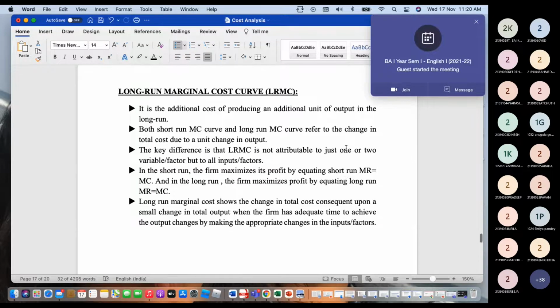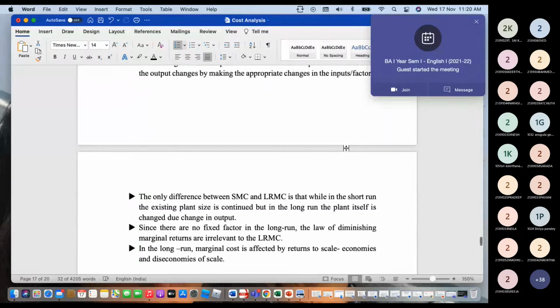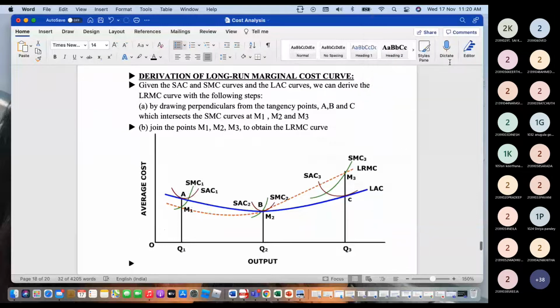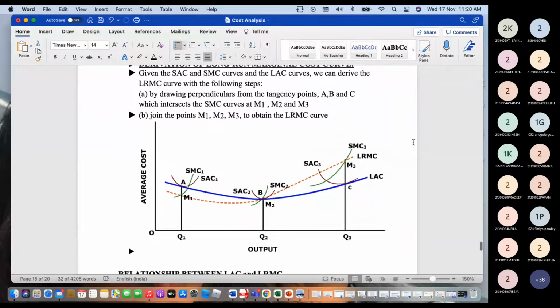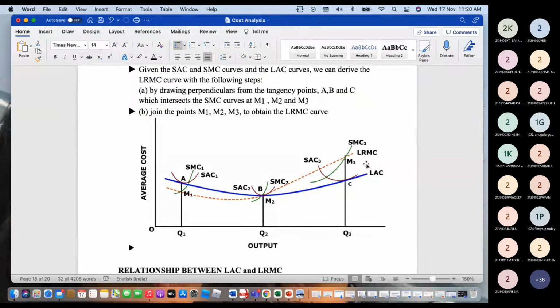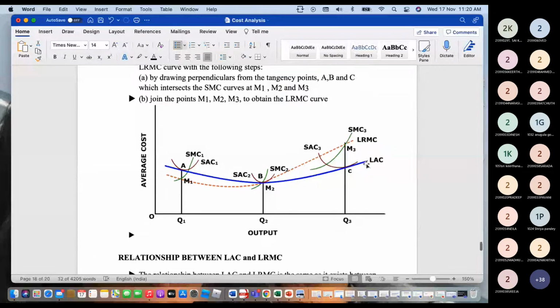So when the marginal cost changes, every SAC curve will have a corresponding SMC curve also, because of the change in the cost. So your LMC curve or LRMC curve is nothing but it is derived from the SMC curve.